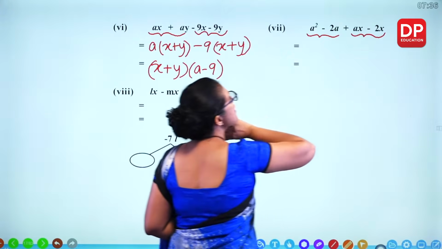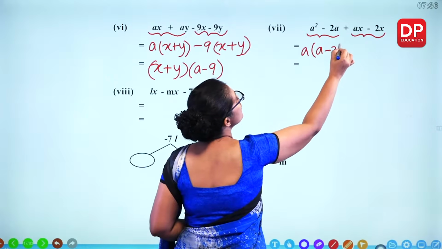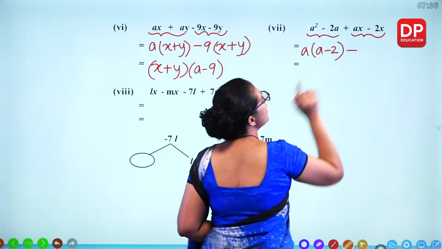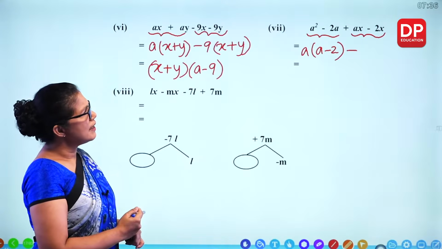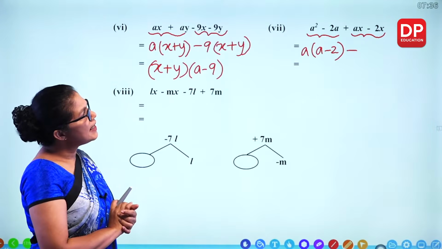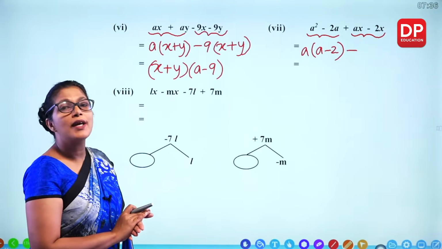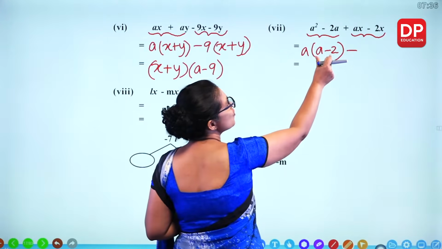This one. When you take 2 at a time, a is common, take it out, a minus 2 there. Which one is common there? What do we take, minus or plus? Look carefully. When you take plus x out, what's remaining? A minus 2. So then we can see a minus 2 is common.